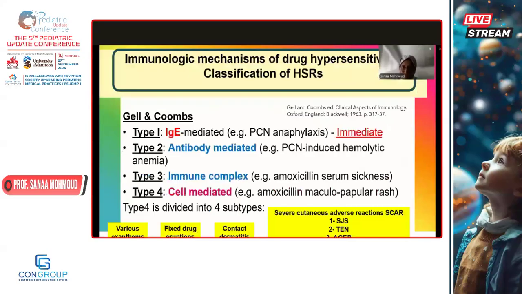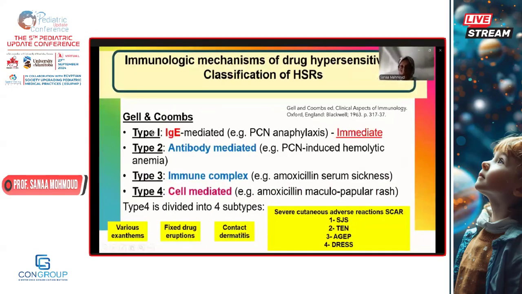The immunologic mechanisms of drug hypersensitivity fall according to the Gell and Coombs classification, which is type 1, type 2, type 3, type 4. Type 1 is IgE mediated, meaning IgE will attach to the mast cells, and the mast cells will release all the chemicals.